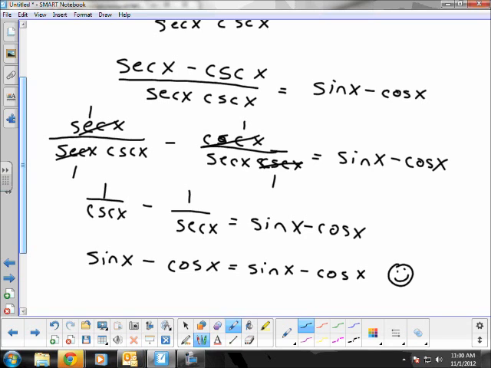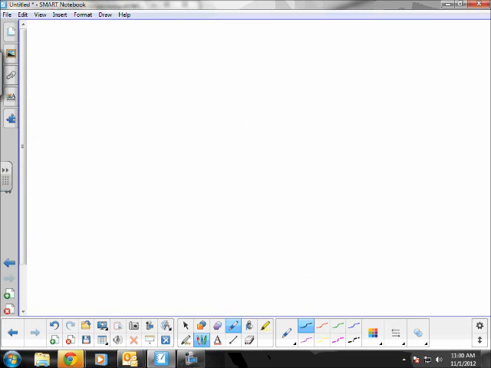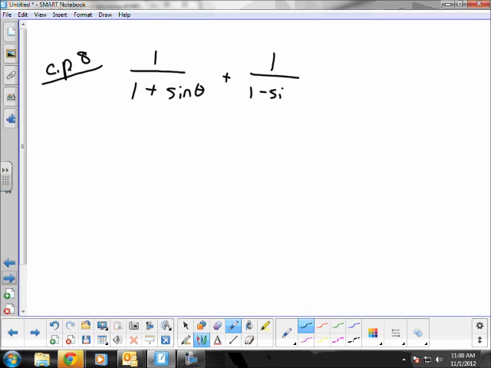And the last one, checkpoint 8. Now this is one where it's fairly difficult on both sides.